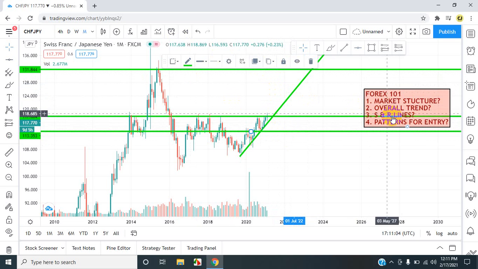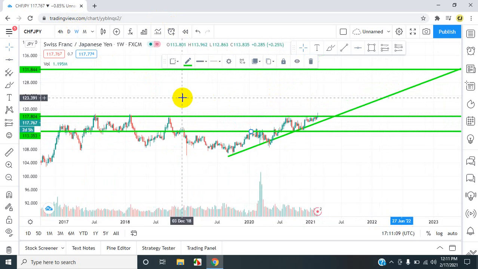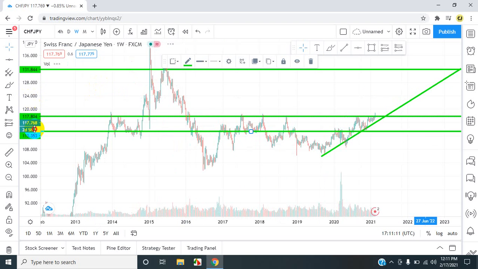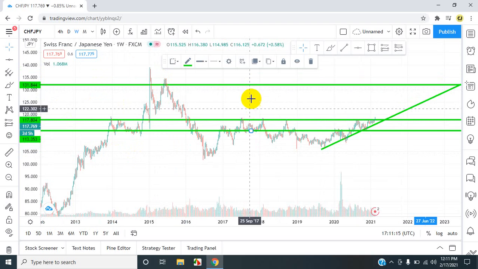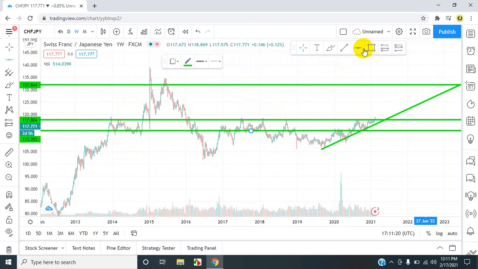So we're not done with the SR lines. We're going to continue the SR lines on the weekly. What we're looking for is levels on the weekly time frame, and we're going to place SR lines between our green lines with blue SR lines.